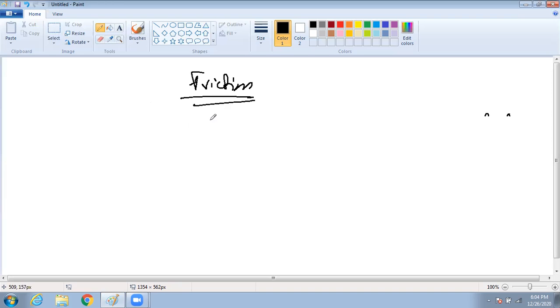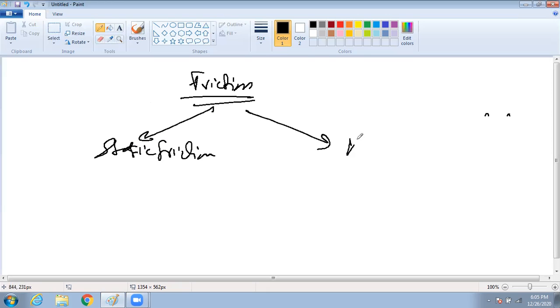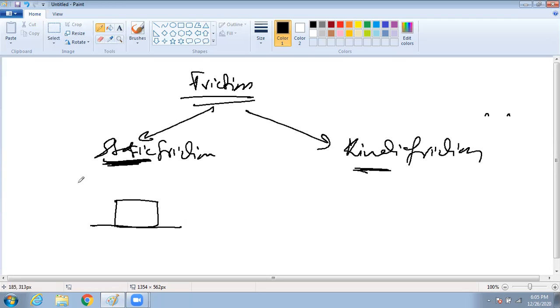So there are two types of friction. One is static friction and one is kinetic friction. Is it clear from the word what static is? Pritam, what is static and what is kinetic? Static friction comes into place when the body is at rest. If you have an object at rest and you want to pull it, it will not get moved.